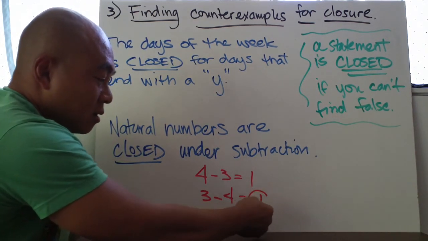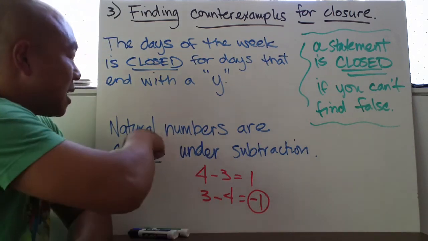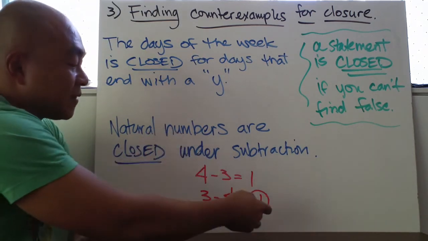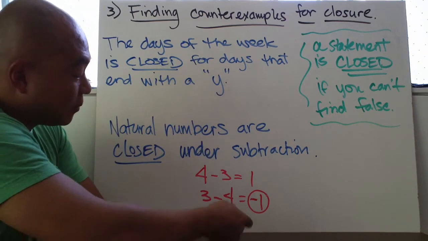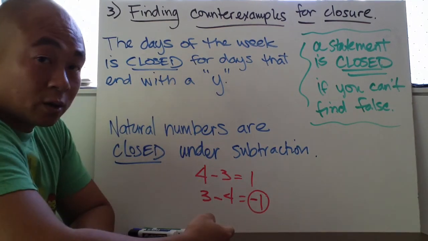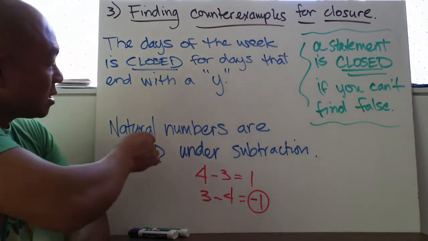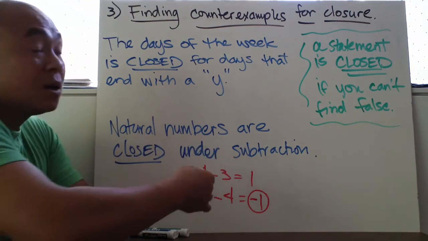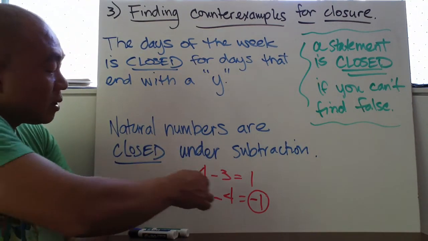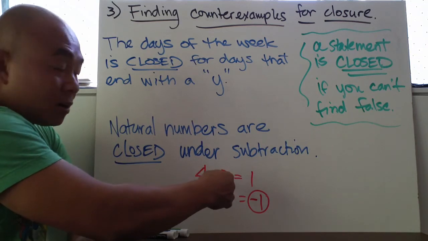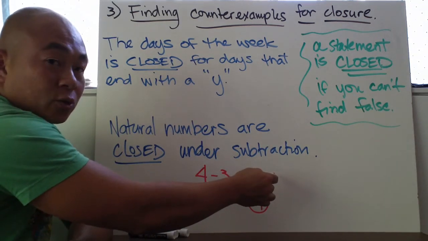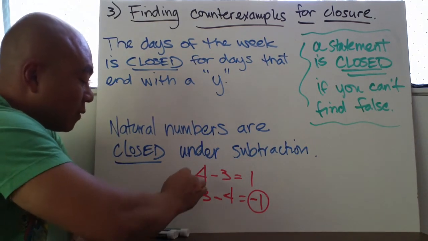This right here is not a natural number, which means we've just found the counterexample. So this is no longer closed. Once again, natural numbers are closed under subtraction basically means that if you subtract any natural numbers, it'll always be a natural number. But we found out right here that that is not true.